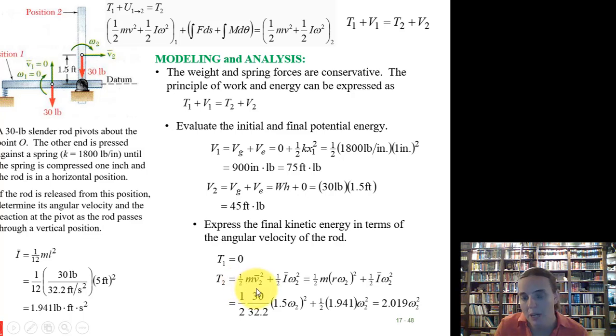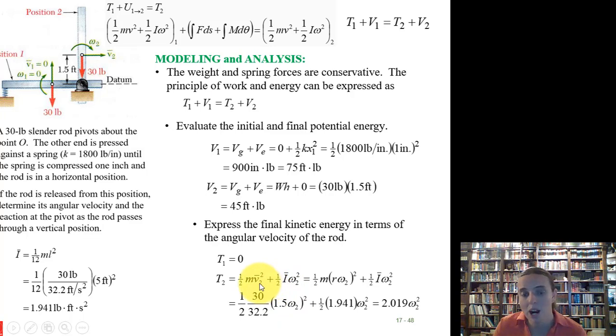And then when you add this 1/2 mv squared, where this is the velocity of the center of gravity of your rod, those 2 added together will give you the total kinetic energy of it. So again, we have 1/2 m, so not weight, mass. And for velocity, since we have omega here, the angular velocity, it would be good to get both of those velocities into the same format.